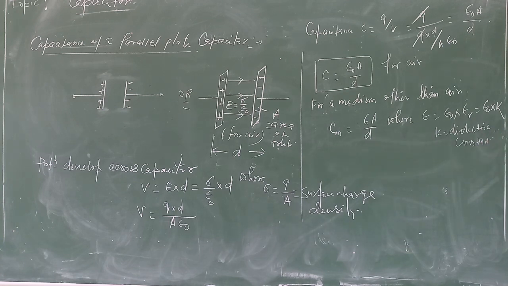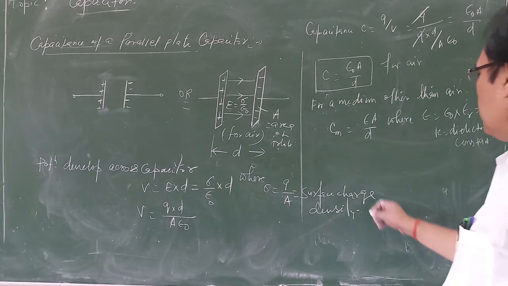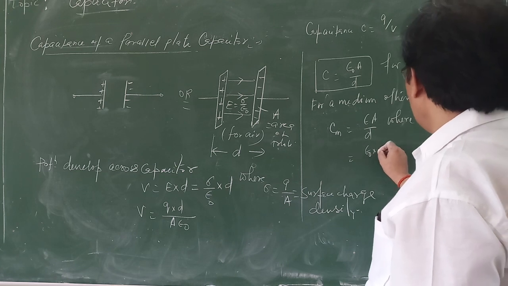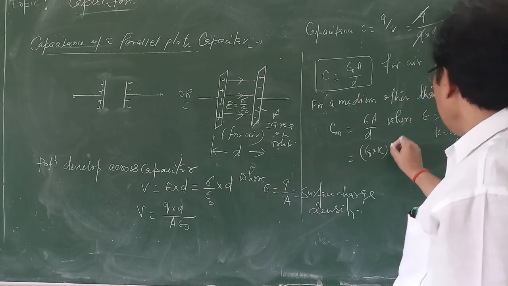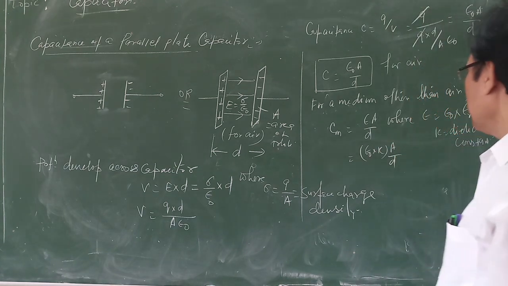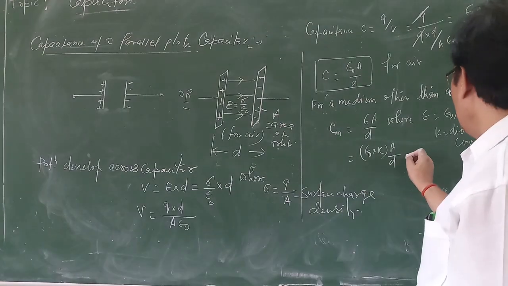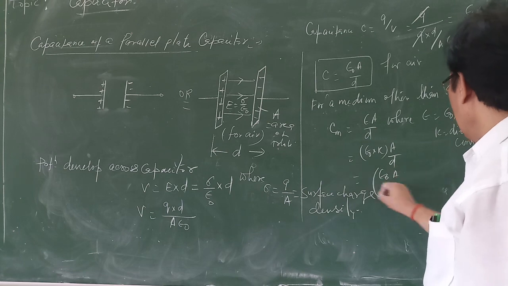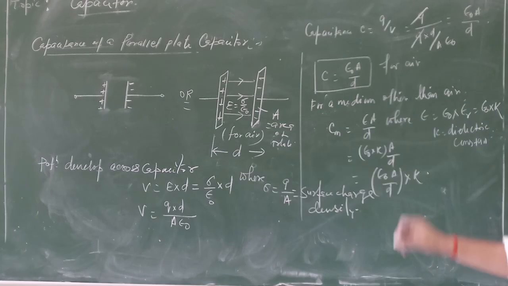So this is epsilon naught A by D into K.